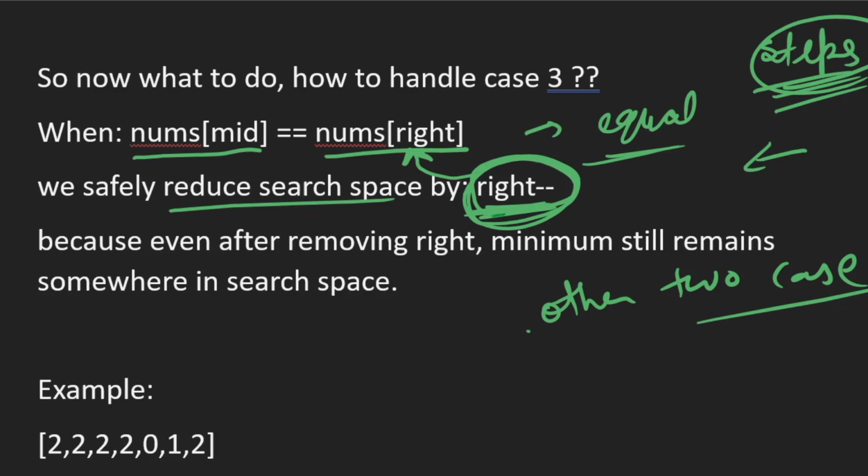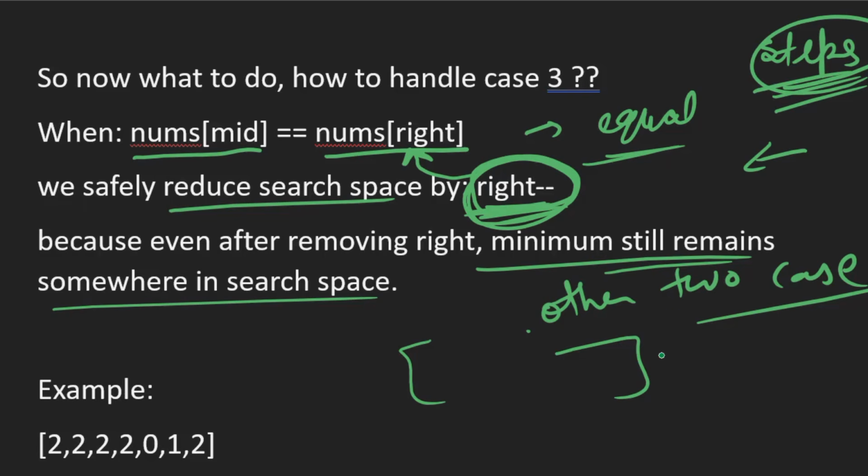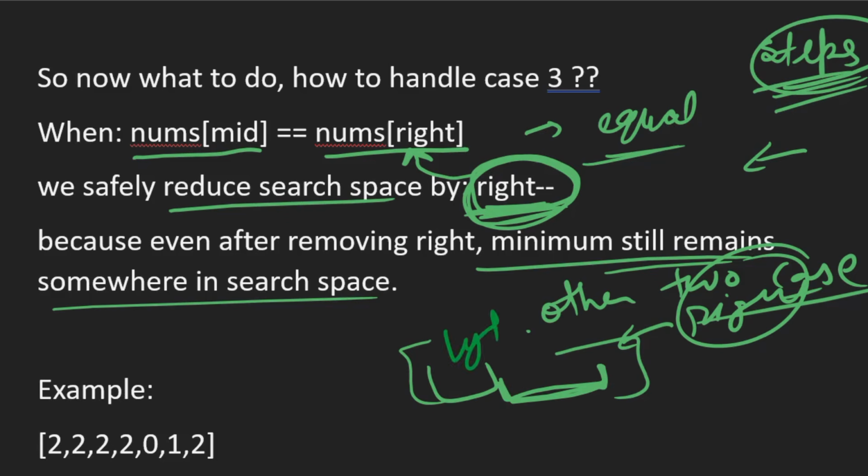Even after shifting the right pointer, our minimum will still remain in the search space, somewhere between the two elements or on the left side, right?